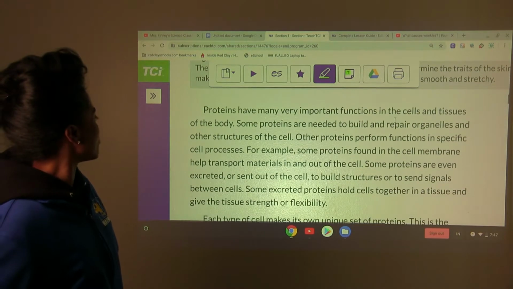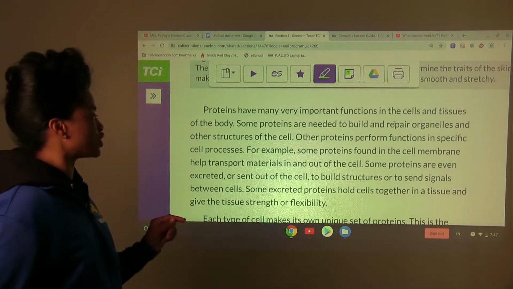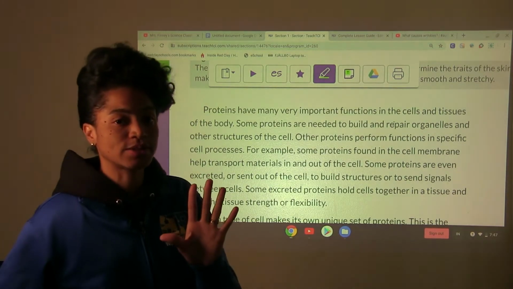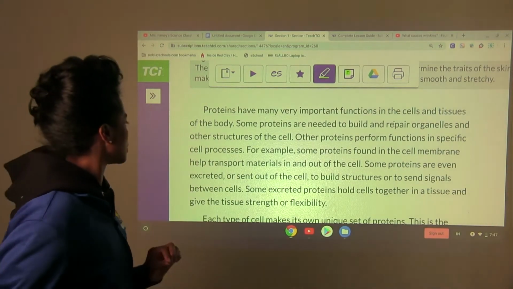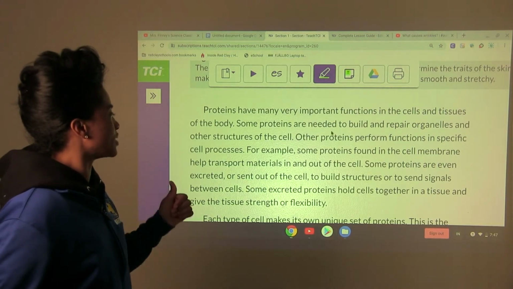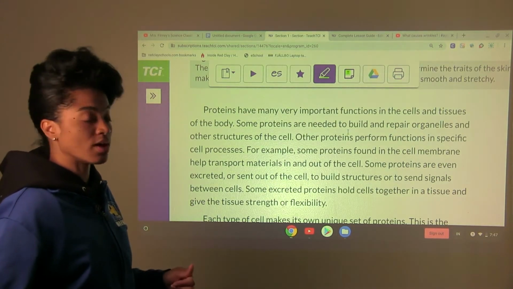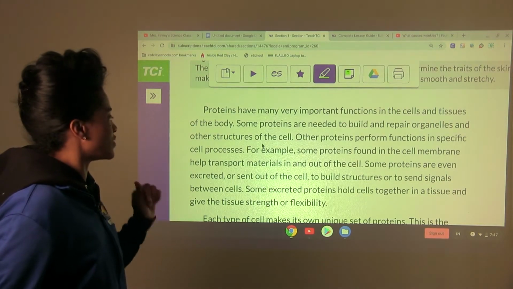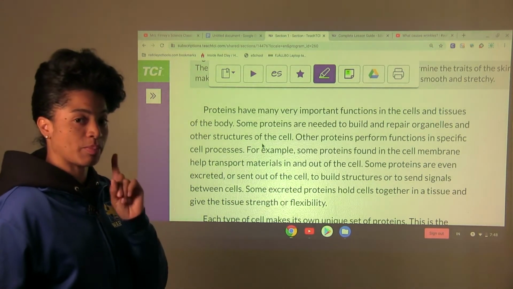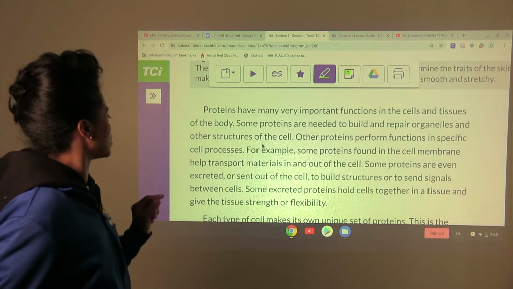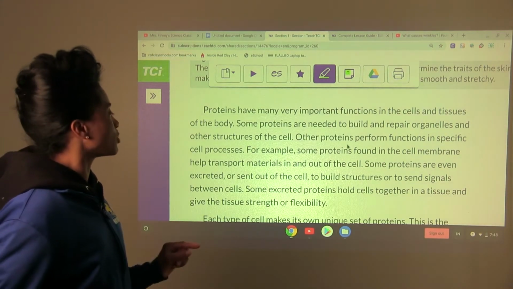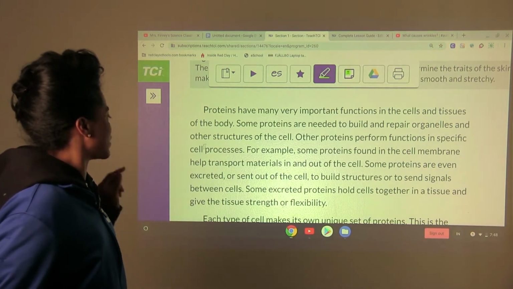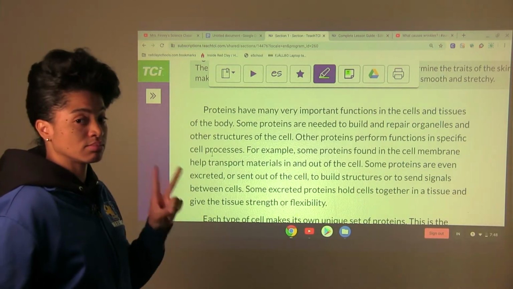So, proteins have many very important functions in the cells and tissues of the body. So let's start the learning objective. Let's see what those functions are. Some proteins are needed to build and repair organelles and other structures of the cell. That's 1. Other proteins perform functions in specific cell processes.